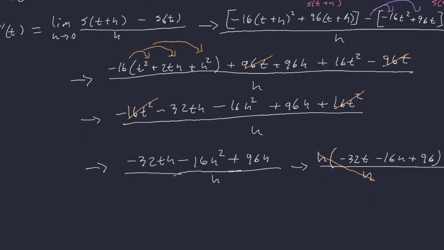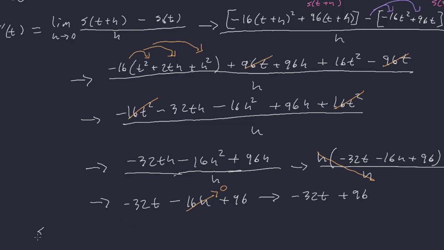Now we're left with negative 32t minus 16h plus 96. And here, remember, we're taking the limit as h goes to 0, so this 16h goes to 0, so this whole thing is negative 32t plus 96.